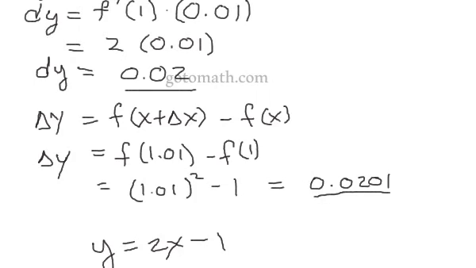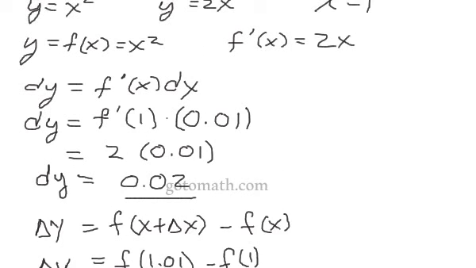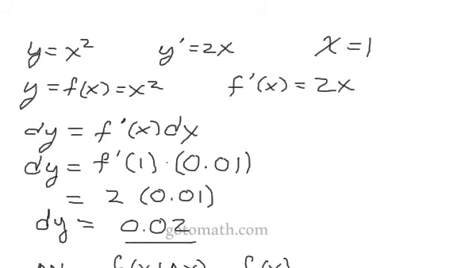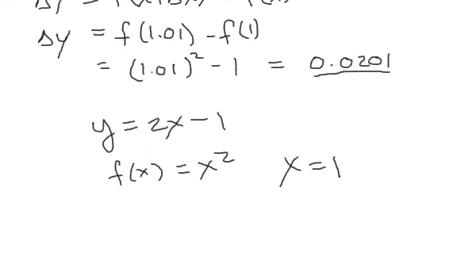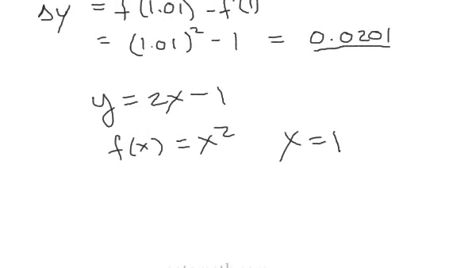Alright. So hopefully you were able to follow some of this stuff. But all you got to do is go back to the very first picture that I drew and get an understanding of what's going on.